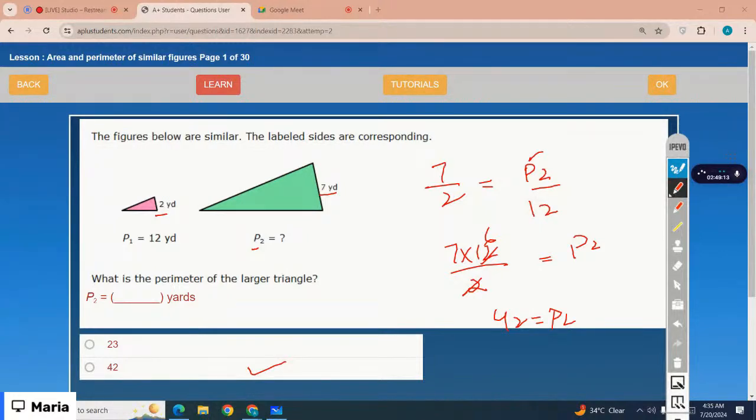Option number 1 is the correct option. Okay, let's just move on to the next one.